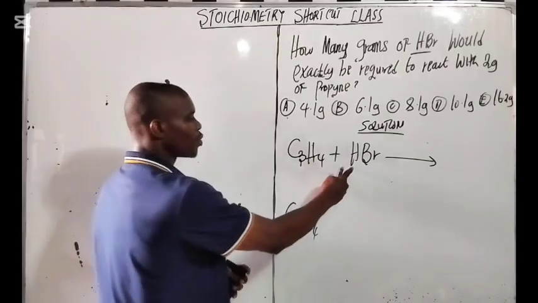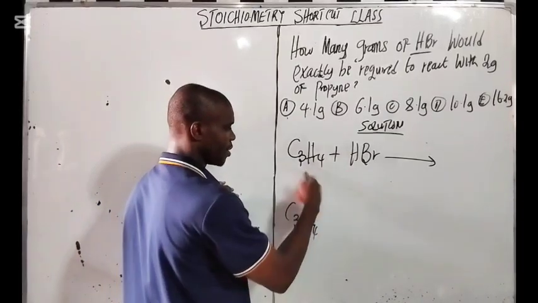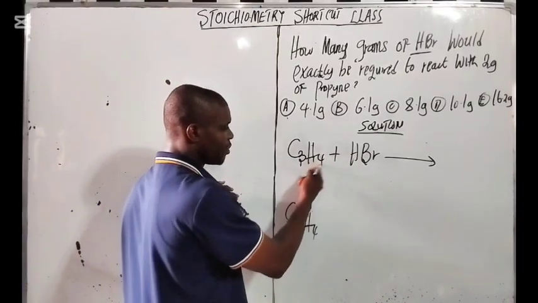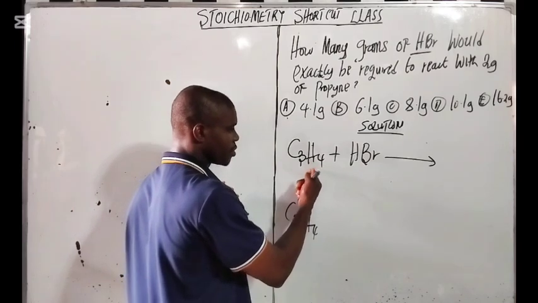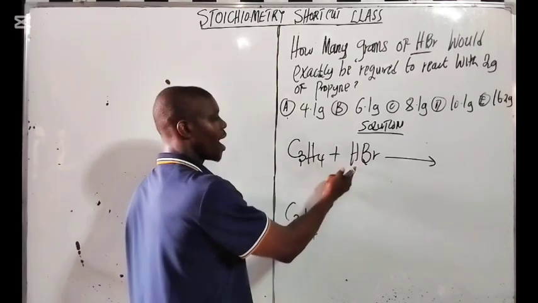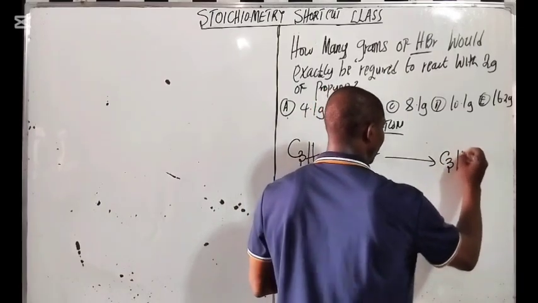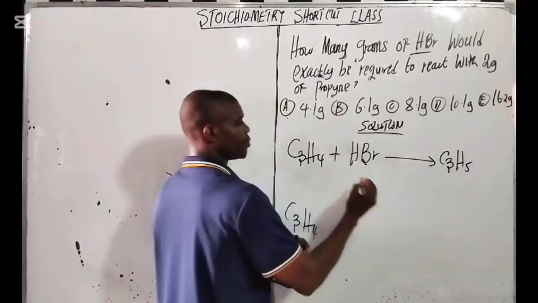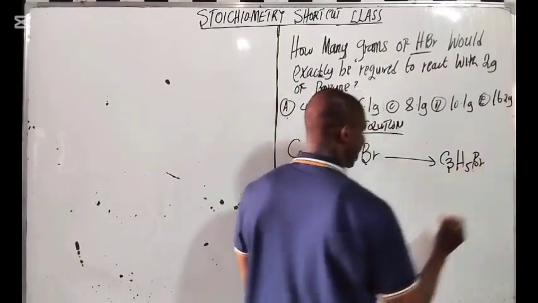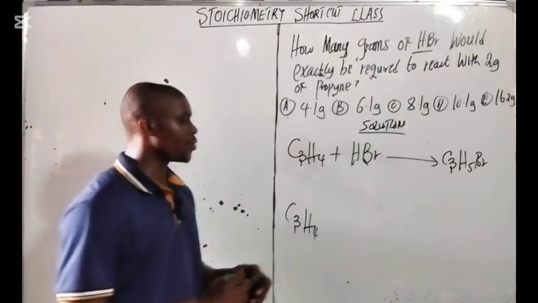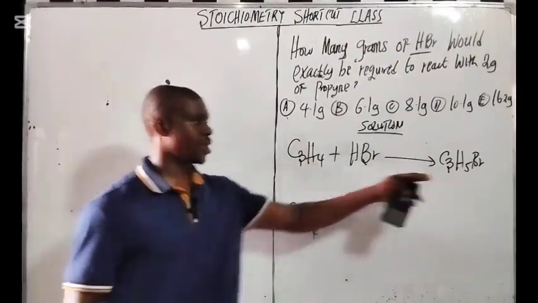So you add 1 hydrogen here, you add 1 bromine here. How many hydrogens are here? 4. You add 1 hydrogen to it, now it becomes 5. So you have C3H5, then you also add bromine to it. This is called an addition reaction. You are adding HBr to this one here to get this.